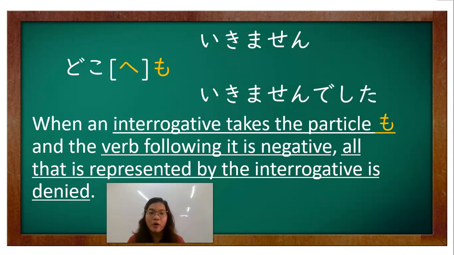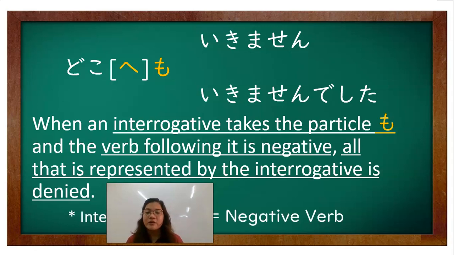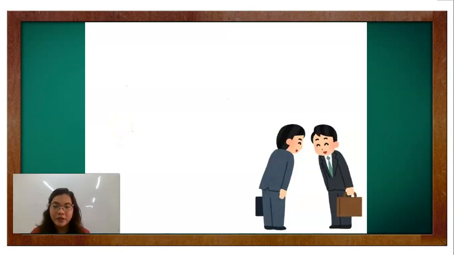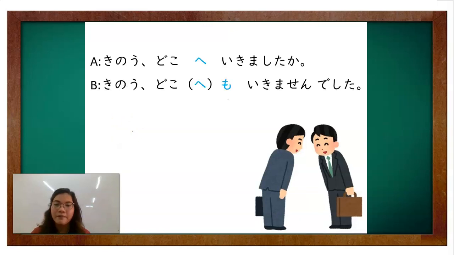So, doko mo ikimasen or doko mo ikimasen deshita. Interrogative plus mo is equal to negative verb. So, as always, pag interrogative plus mo yung nakita mo, tapos negative si verb, ibig sabihin na hindi niya ginawa yung action na yun. So, here's an example. Kino doko e ikimashita ka?